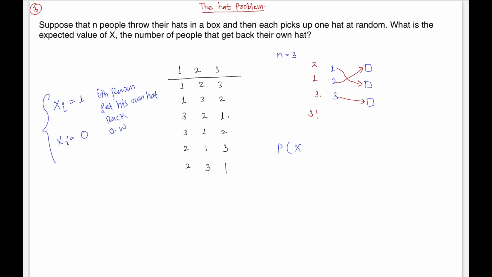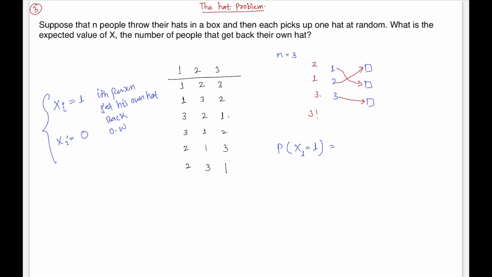So this is a new random variable that you can say is a Bernoulli, or an indicator function or whatever, right? But the core thing is that this xi will take the value 1 whenever the ith person got his own hat back, or it will take the value 0 if that ith person is not getting his own hat back, right? So what I am asking is that the first person gets his own hat back, so what's the probability of that?